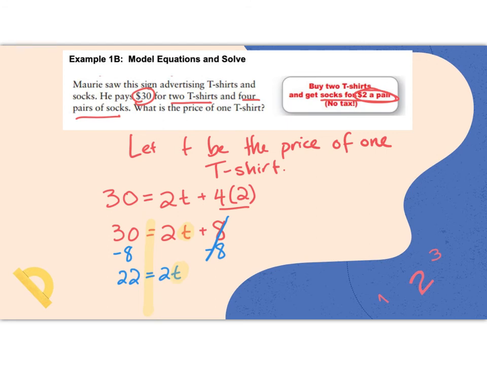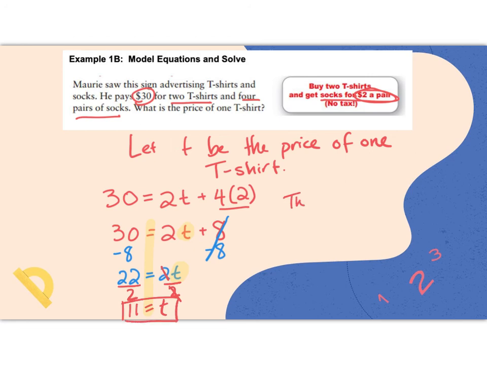In order to do that, 2 times t, the opposite is to divide by 2. Divide by 2. And 2 divided by 2 gives me just a single t, 1t. So just t. 22 divided by 2 is 11. So my final answer would be 11 equals t.